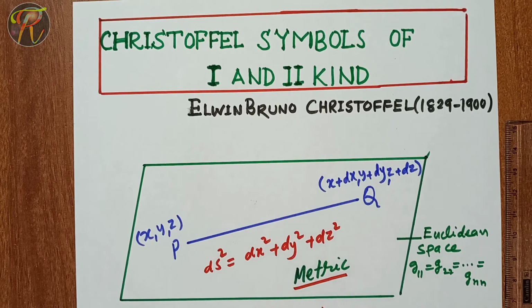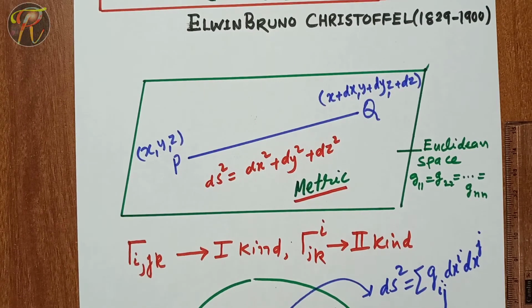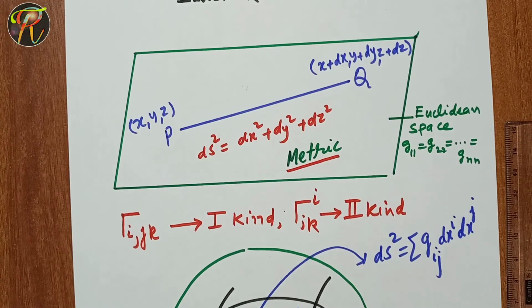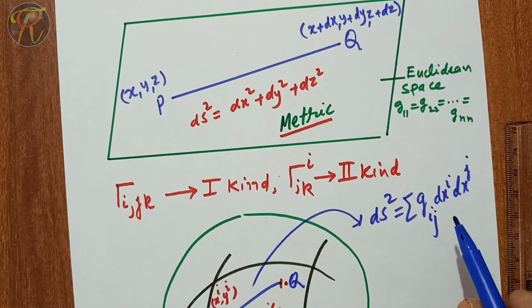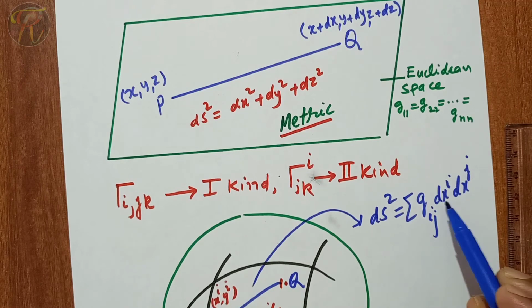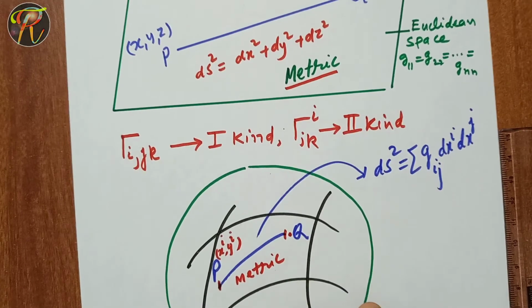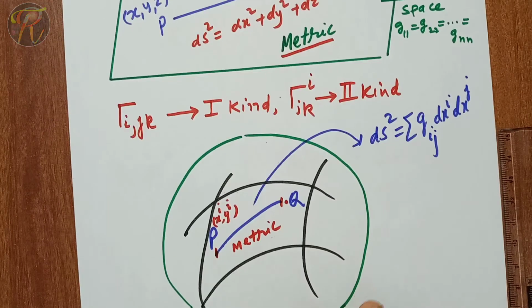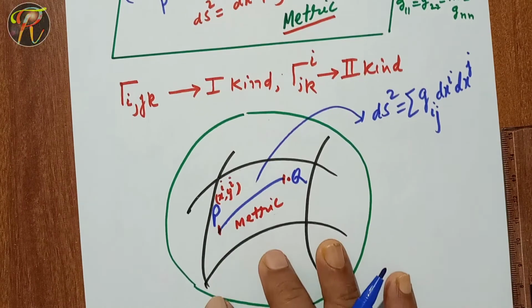But in spherical form, when the metric is of this type, with P and Q two points, the line element is of the form g_ij dx^i dx^j. In this case g11, g22, g33 are different. So there is the problem.